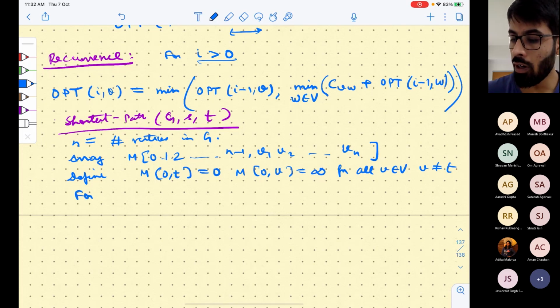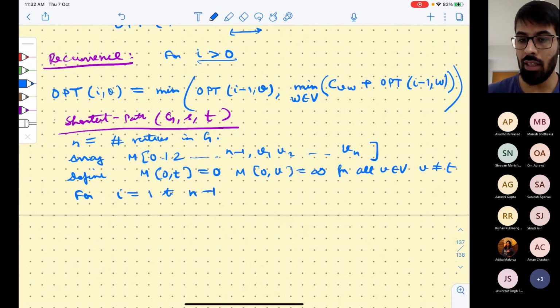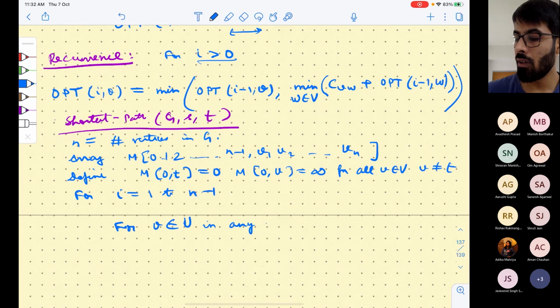Now for I equal to 1 to n minus 1, this is the path length. And for v belonging to V, in any order, you can go in that order also if you want, any order, then compute M of I, v using the recurrence.